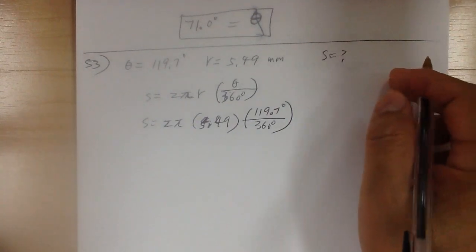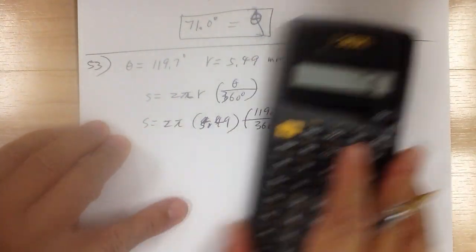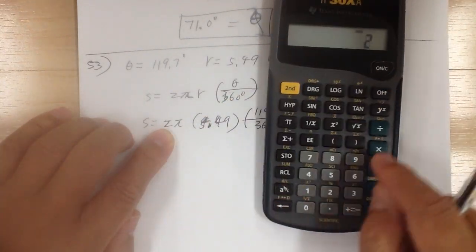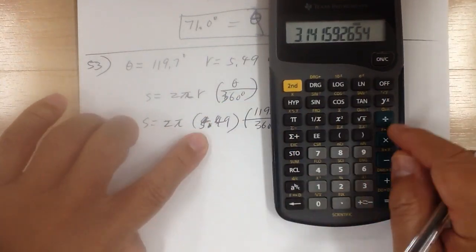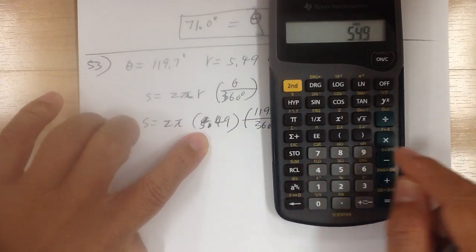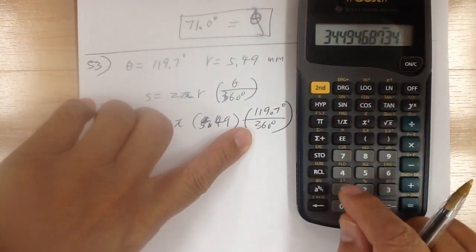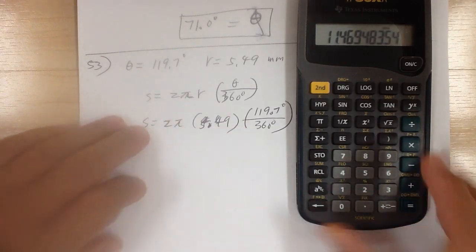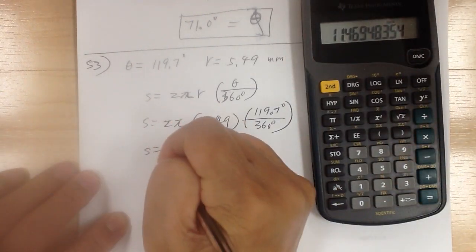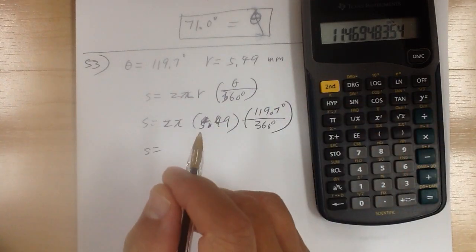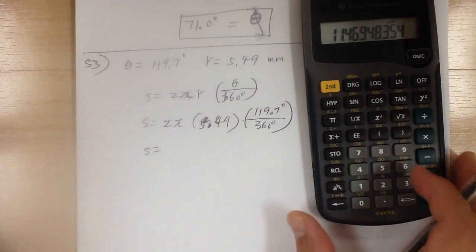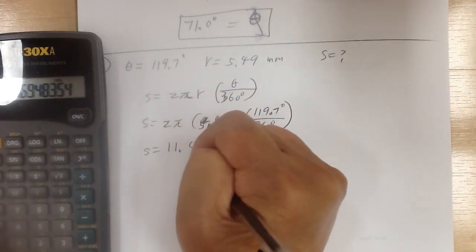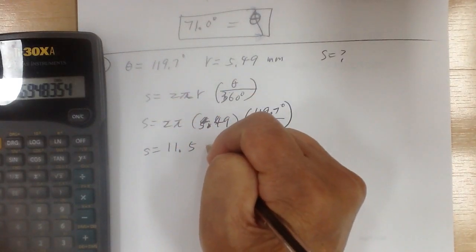Now just enter it in the calculator: 2 times pi times 5.49 times 119.7 divided by 360, equal. So S equal to, 1 decimal place, would be 11.5 millimeters.